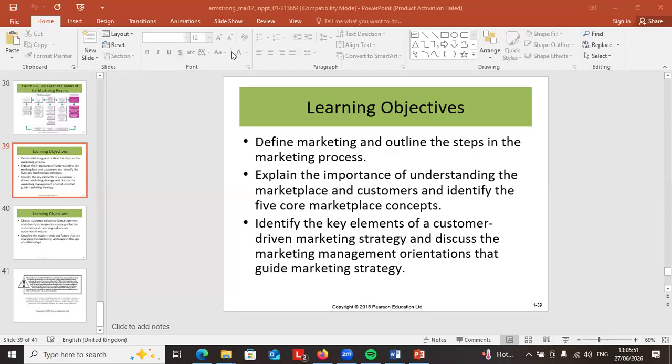One by the American Marketing Association, another one by Philip Kotler, and a definition by the Chartered Institute of Marketing UK, etc. And after bringing in these definitions, you are required to then explain the themes within the definitions.